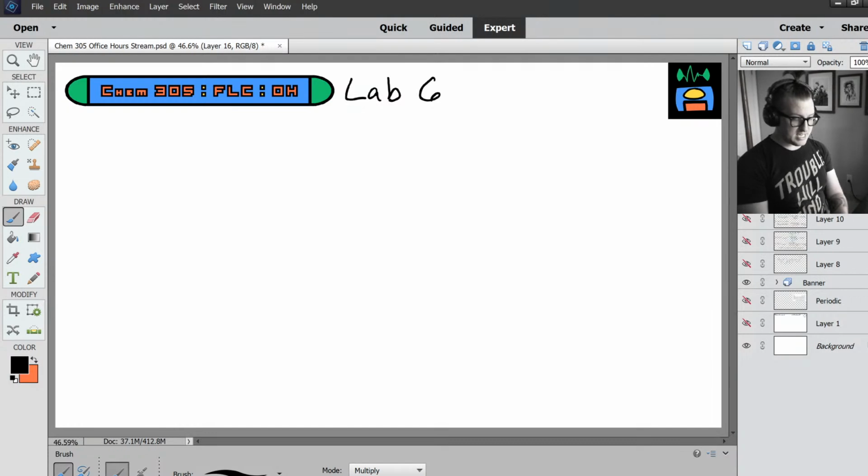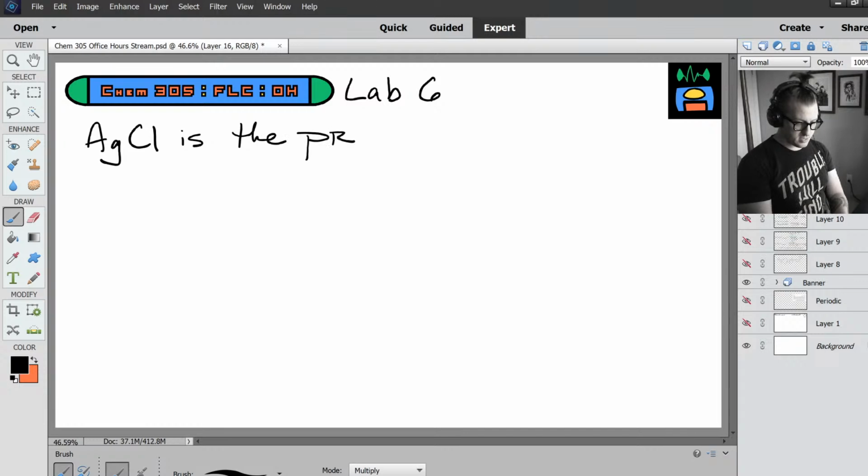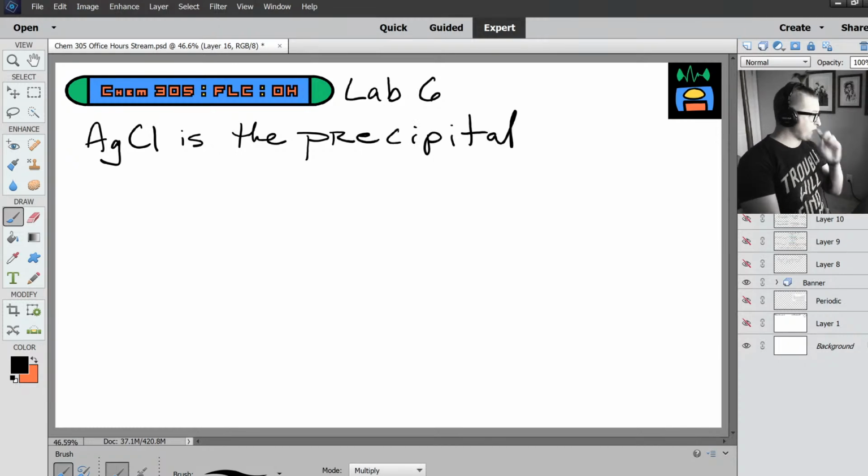You have it in the data section. Silver chloride is the precipitate.